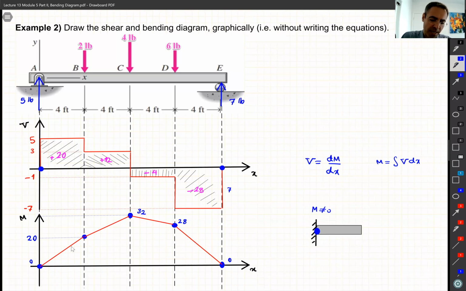Looking at this diagram, you can see maximum M is 32 pound-foot. And the maximum number you see on V diagram is 7, right? -7, but we just look at the amplitude. V max is 7 pounds, okay?